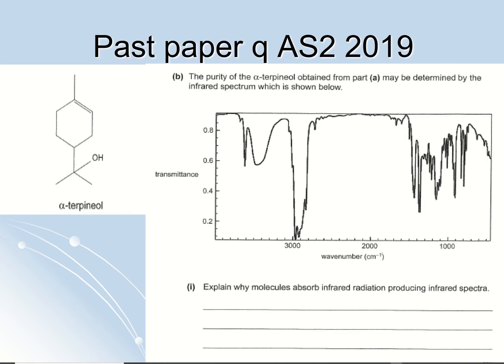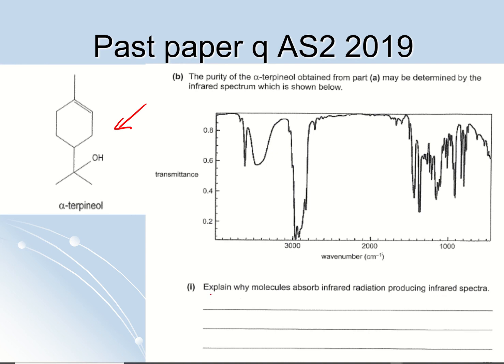Right, we're going to have a look at a few past paper questions. The purity of alpha terpenoid may be determined by infrared spec. So this is our alpha terpenoid here. Explain why the molecule absorbs infrared radiation producing an infrared spectrum.